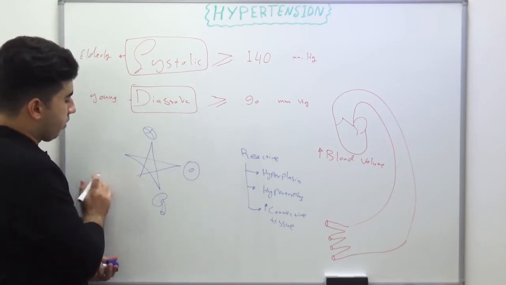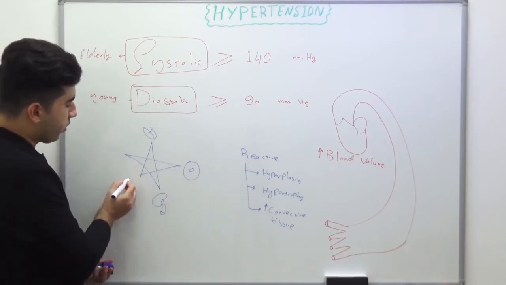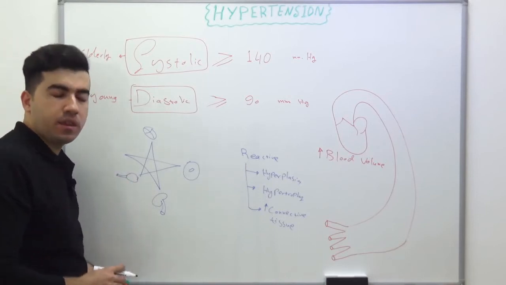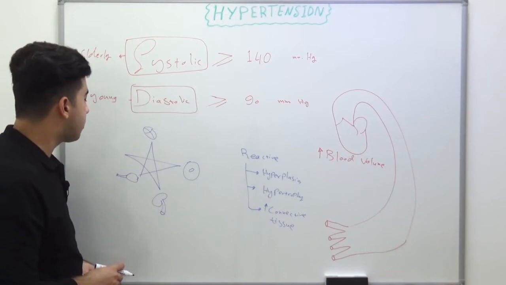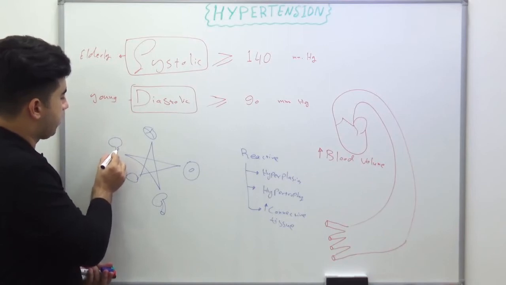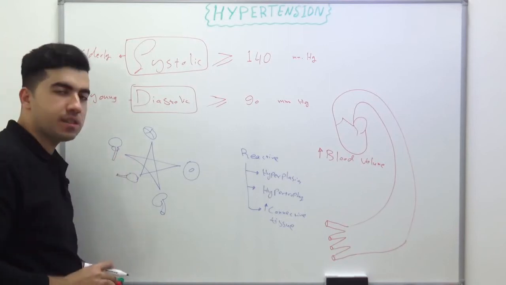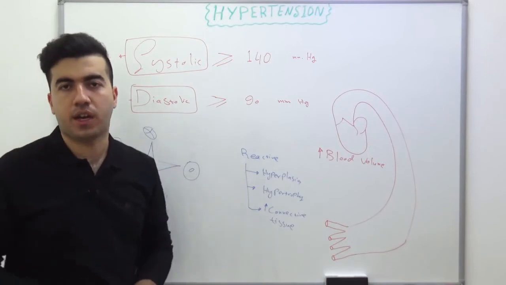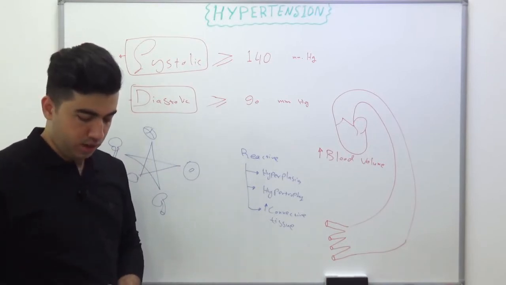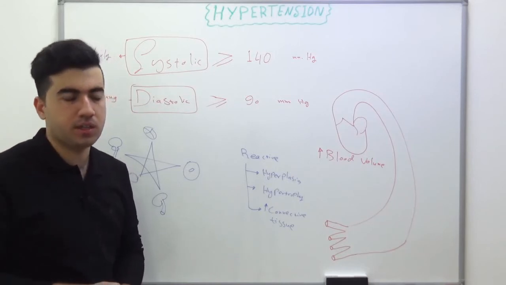Some patients develop retinopathy. And one of the most common complications of hypertension is the central nervous system, stroke or TIA, and also some other complications related to hypertension and the CNS.